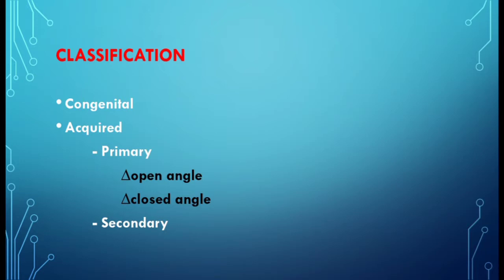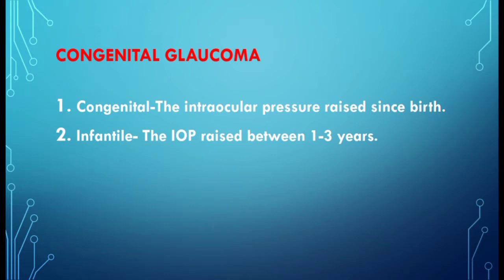In primary glaucoma, there are no other obvious reasons. It is further classified into primary open angle glaucoma and primary closed angle glaucoma. Next, congenital glaucoma. If the intraocular pressure is raised since birth, it is termed as congenital glaucoma. If the intraocular pressure is raised between 1 to 3 years, it is termed as infantile glaucoma.